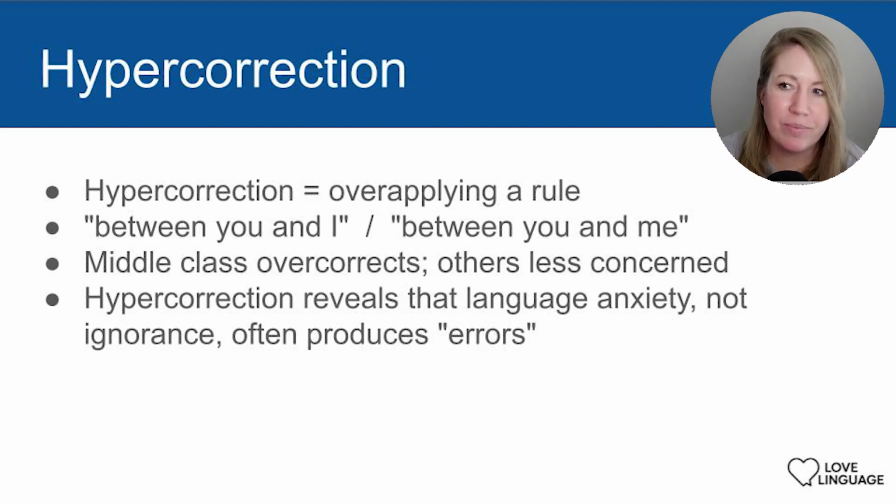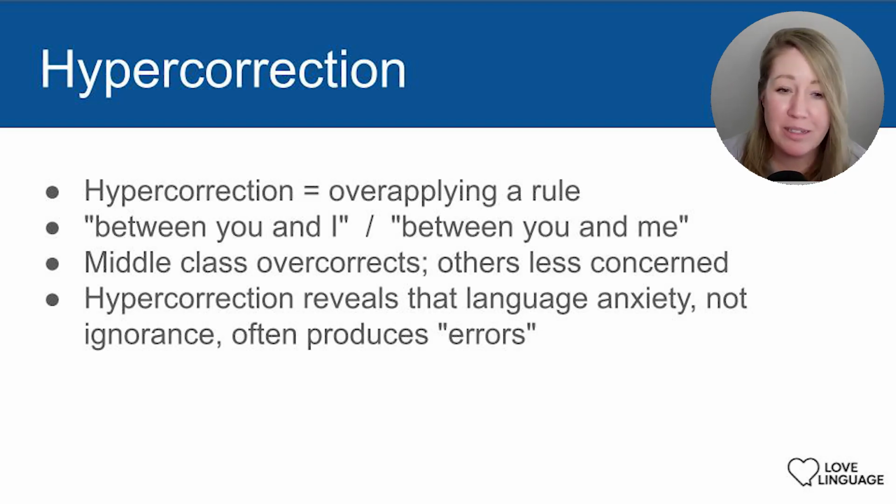Here's what makes hypercorrection particularly interesting for teachers. It's not the students who don't care about grammar who produce forms like "between you and I." It's the students who actually care the most, right? The ones anxious about sounding educated. Labov's research showed that the middle class, people who are upwardly mobile and acutely aware of being evaluated, overcorrect more aggressively under formal conditions.